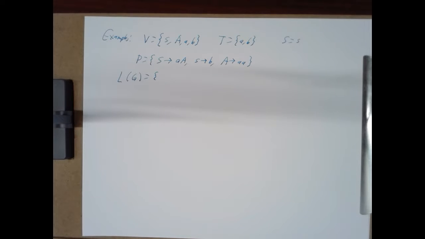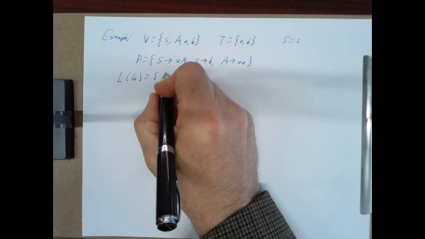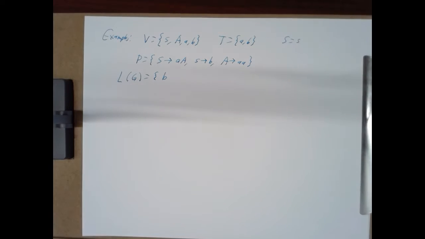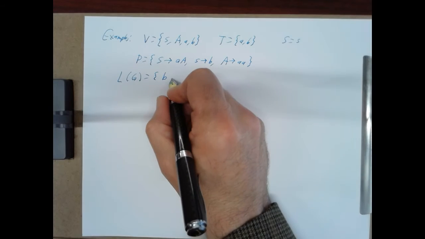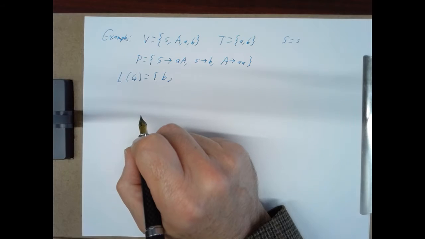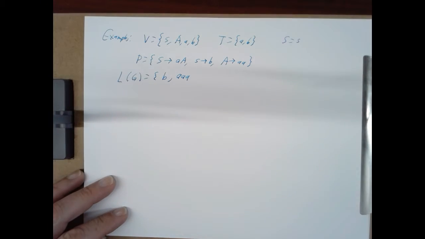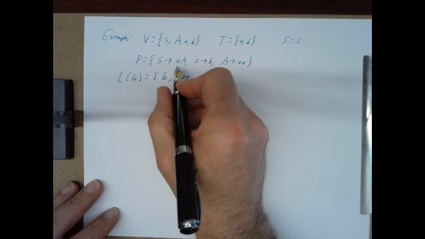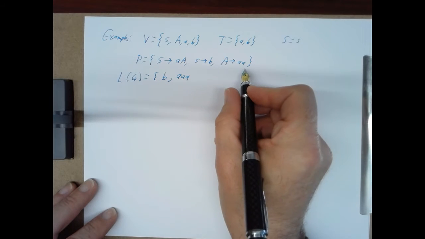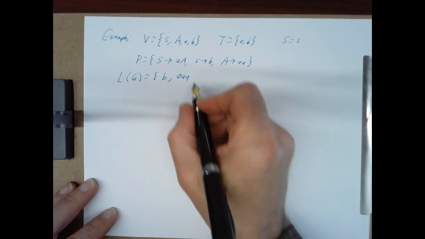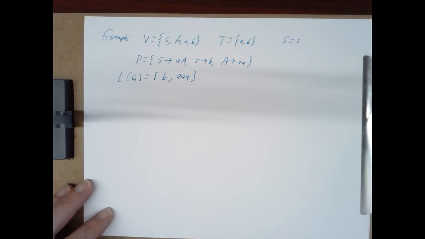So what are some words we can get? B. We can definitely get B because our start symbol S goes directly to a B. And you can get AAA, right? So S can go to little a followed by big A, and big A goes to two A's. So S will go to three A's. And that's all we're going to get.